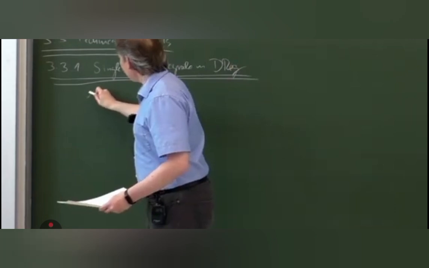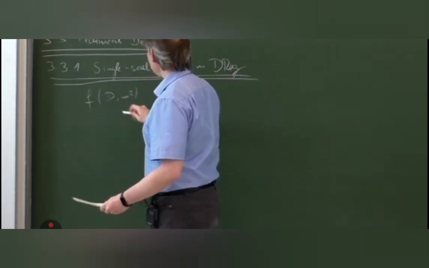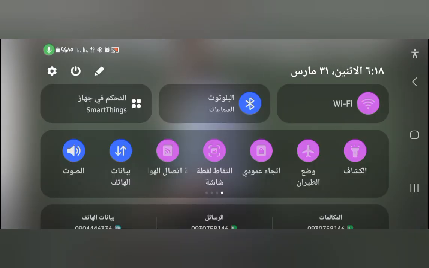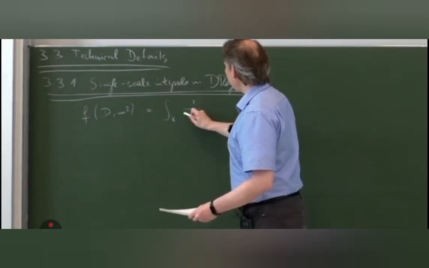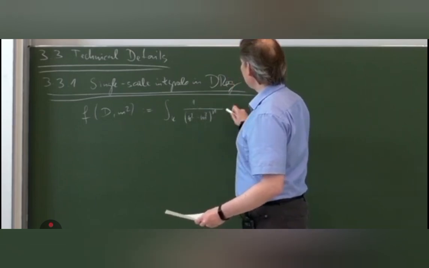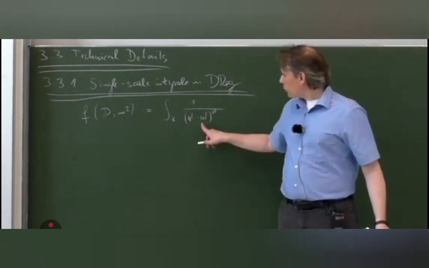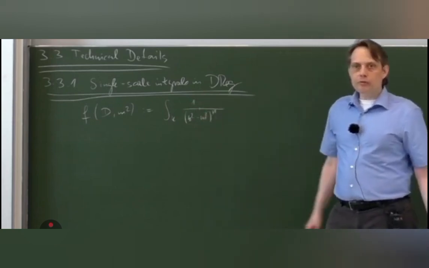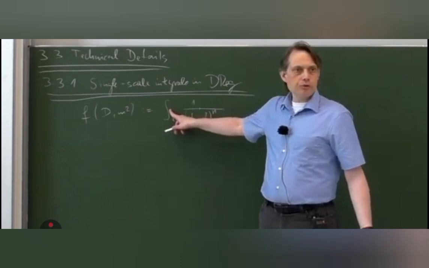And let us define here a function f which depends on two variables d and m square, which is defined as the d-dimensional loop integral over k of 1 over k square minus m square, overall to the power n. So there are two variables, namely the physical mass scale m square, and then the dimensionality d, which appears in the integration measure.